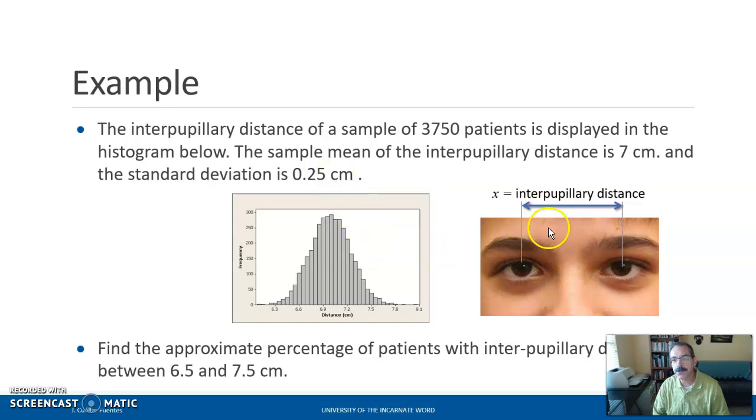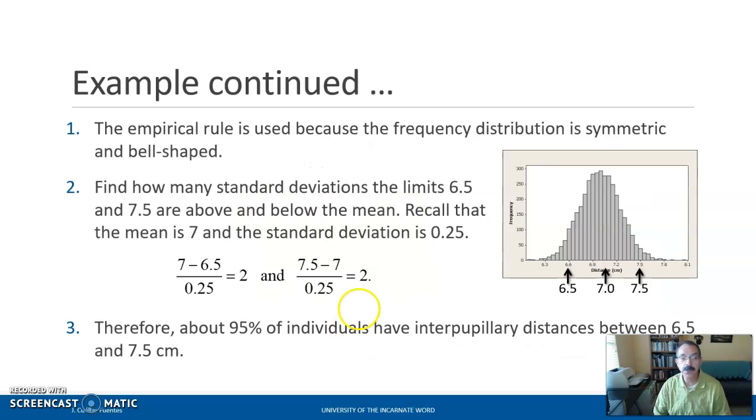Here's a figure showing you how the interpupillary distance is measured. Now, they're asking us here to find the approximate percentage of patients with interpupillary distances between 6.5 and 7.5 centimeters.